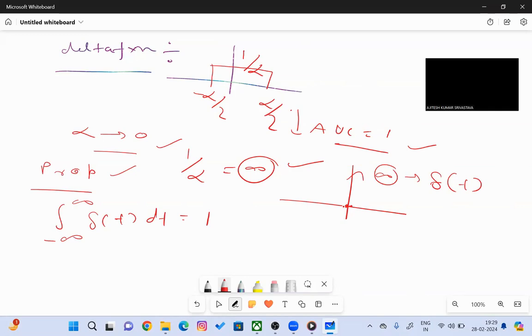Yeah. So its area under curve, the integral from minus infinity to plus infinity of delta t dt, is 1.